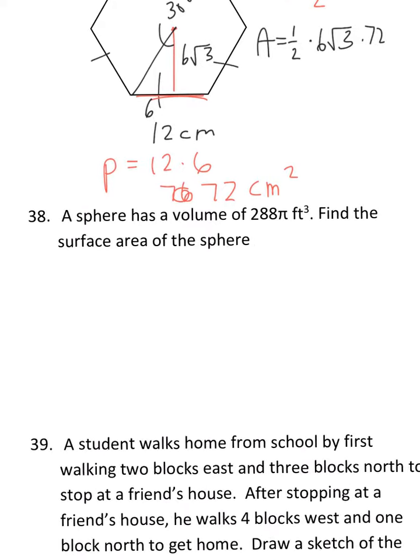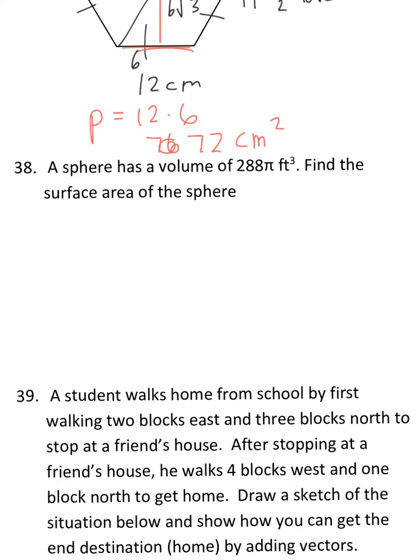And then 38, a sphere has a volume of 288 pi. Find the surface area. So you do 288 pi equals the volume formula, which is 4/3 pi r cubed. Then you need to solve for r.